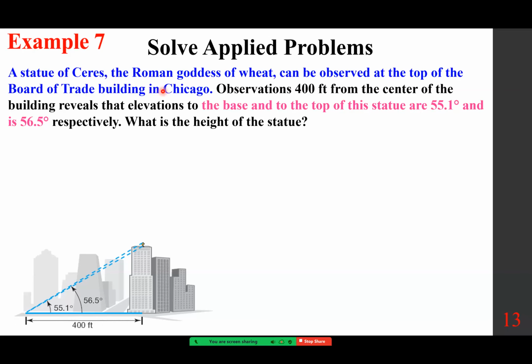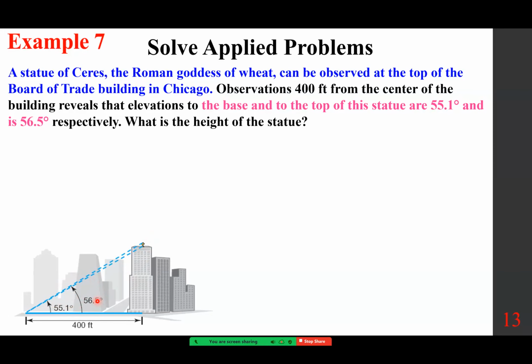What is the height of the statue? Excellent. So this is the angle that it makes to the top of the building, and this is the angle that it makes to the top of the statue. It's a little bit more, as you can see.